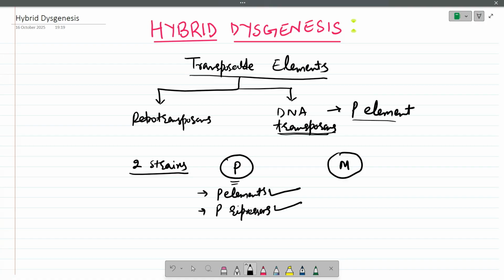So P repressors and P elements both are there, but these P elements are passive. In case of M cytotype, there is no repressor found. And there are also no P elements. Whenever we cross these two cytotypes with each other, we may either get a fertile hybrid or we may get a sterile hybrid produced by hybrid dysgenesis. So let's look into that.